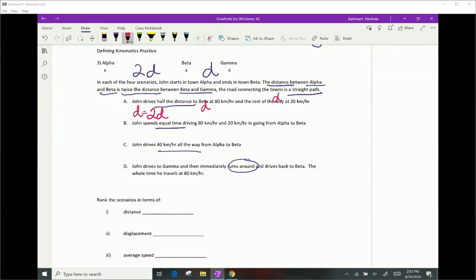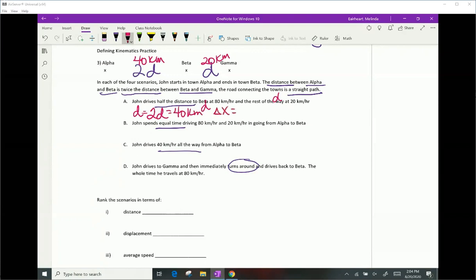I like multiples of 5, but you can use the numbers given as a guide. We're given 80 and 20, and then later on 40, 80, 20. So what if you make beta to gamma 20 kilometers, and then this would be 40 kilometers. So that distance would be 40 kilometers.